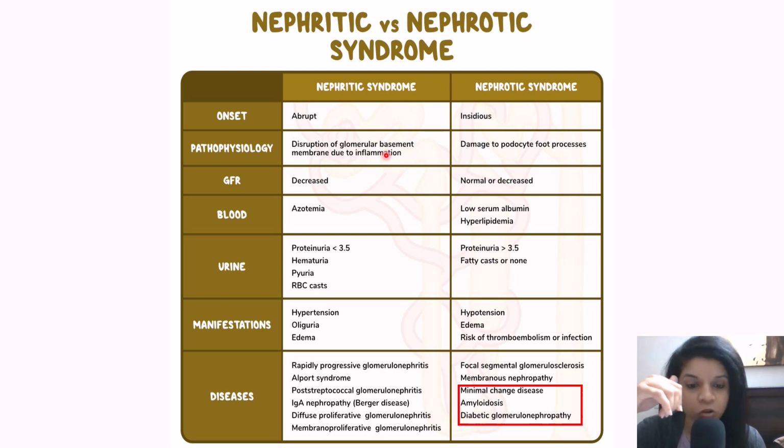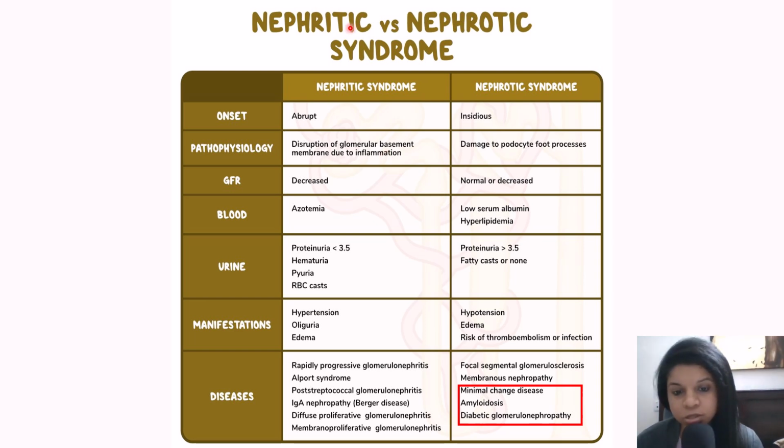Then the patient will have oliguria, and because of the fluid accumulation, there is hypertension, and then the fluid will go to the tissues also because protein decreased and oncotic pressure decreased, so the patient will have edema. So the most common two diseases that cause nephritic syndrome are rapidly progressive glomerulonephritis and post-streptococcal glomerulonephritis.